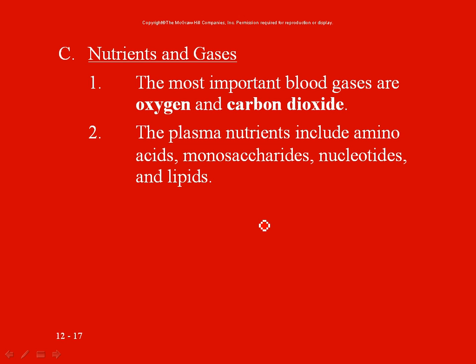Nutrients that you get from the food that you eat are also transported via the blood to the different target cells that need them. Amino acids are the subunits or the building blocks of proteins. Monosaccharides are the simple sugars that come from carbohydrates. Nucleotides come from nucleic acids, from chopping up or eating up DNA from cells, plant or animal cells.